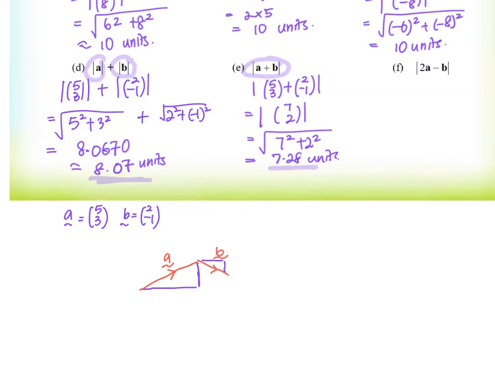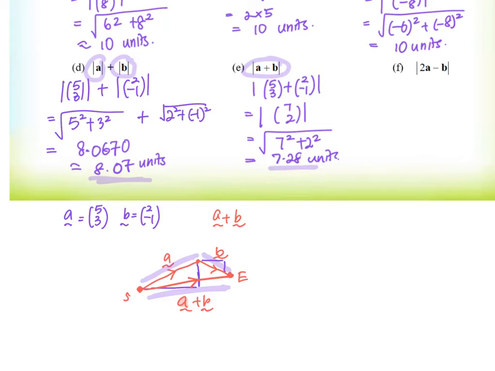But what is vector A plus vector B? Vector A starts from here, continues, and ends here. So this will be vector A plus B. Look at the different portions. If I were to have the magnitude of A, which is the length of A, plus the length of B, this length will definitely not be the same as the magnitude of vector A plus B. So this length over here will be different from the rest of them.